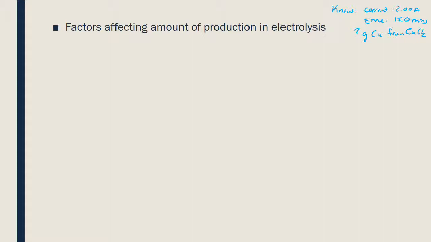The first step in the calculation is to find charge. So we're going to take C equals A times S. A is current, so 2. S is time. We're running for 15 minutes, but we need to change that to seconds, so we multiply it by 60. And that's going to give us 1,800 coulombs.